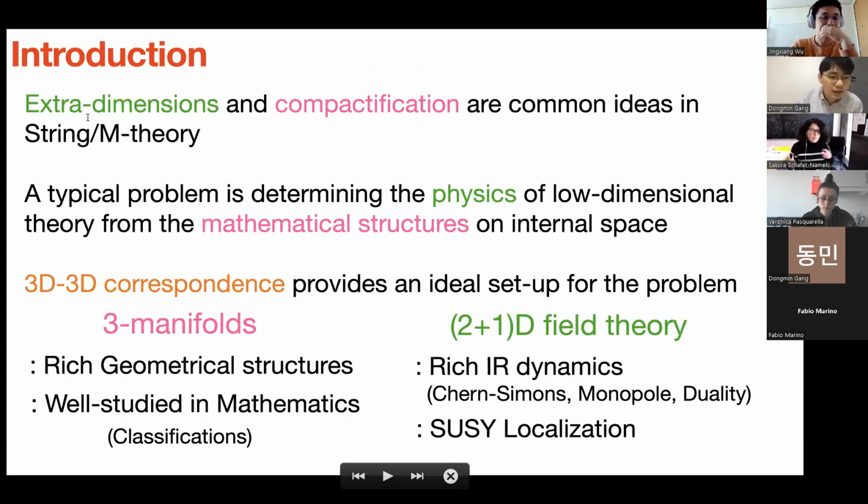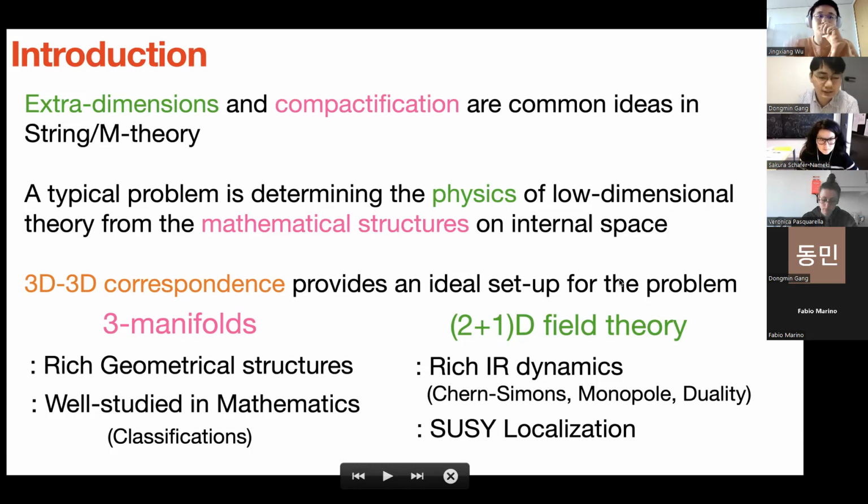So as you may know very well, extra dimensions and compactifications are a very common idea in string and M theories. A typical problem is determining the physics of the lower dimensional theories from the mathematical or geometrical structure of the internal space. And from this perspective, the 3D-3D correspondence provides the ideal setup for these problems.